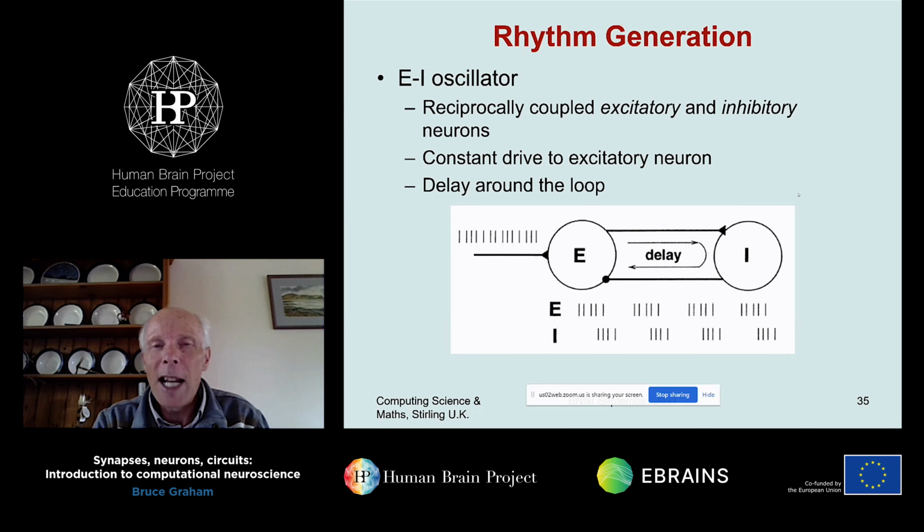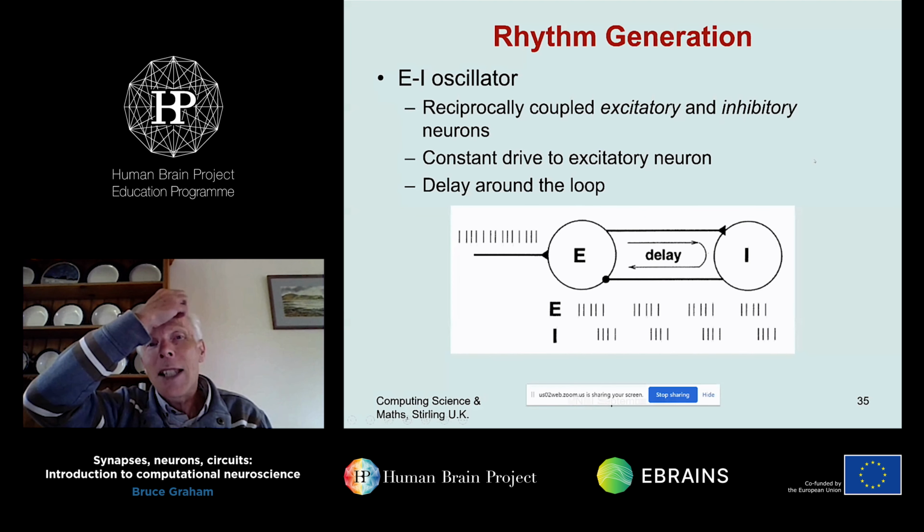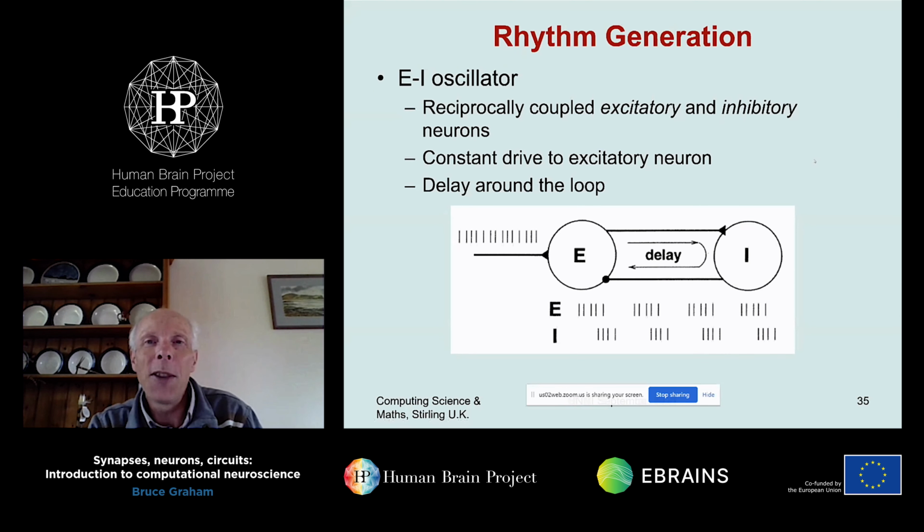I'm running out of time now, but I will just say that there is a simulation we can run this afternoon, which also uses excitatory neurons connected to inhibitory neurons, but now they act as oscillators rather than creating random activity. And the EI oscillator is a fundamental component of many rhythm generators.